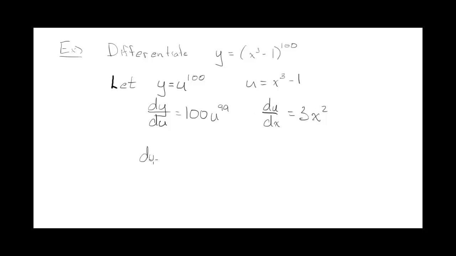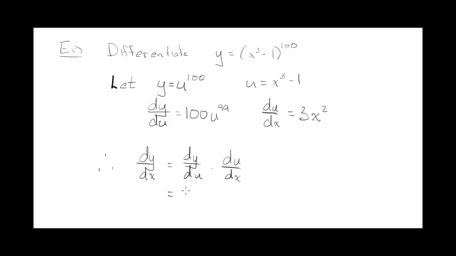So dy by dx is equal to dy by du times du by dx.